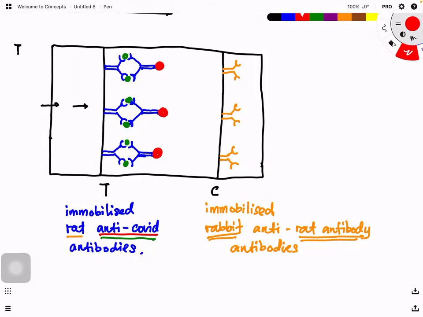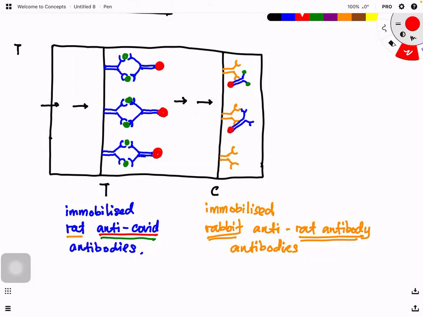Because if the kit works well, not all of the antibody will bind. Some of them have no chance to bind and will continue to migrate to the C region. The C region is where these rabbit antibodies target the rat antibody. So it doesn't matter whether they have the antigen or not. Maybe some of them don't have it, but all of them carry the red dye.